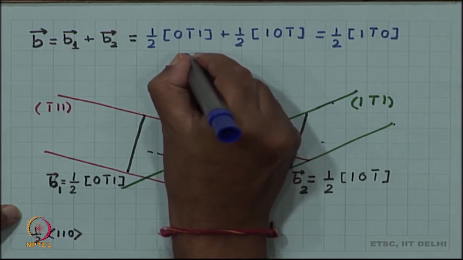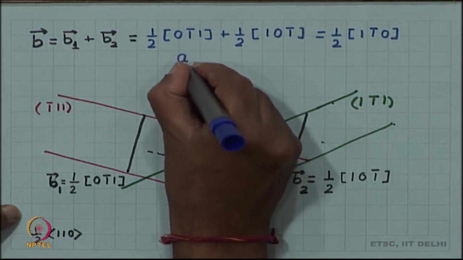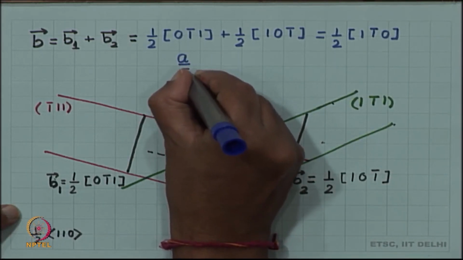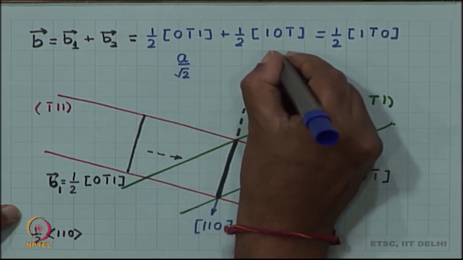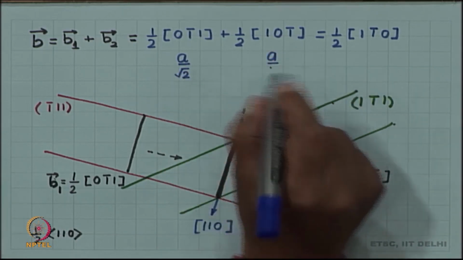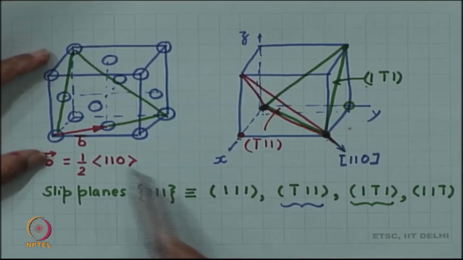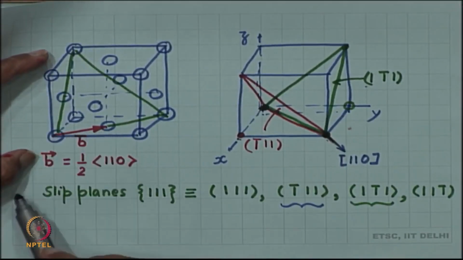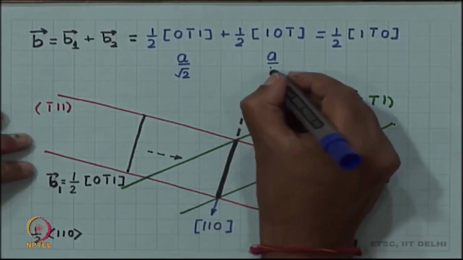Their length is, because they are equal to half the face diagonal, the lengths are a by root 2. Recall that the Burgers vector length is a by root 2, half the face diagonal.